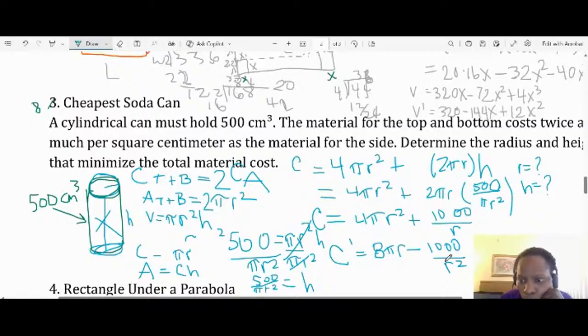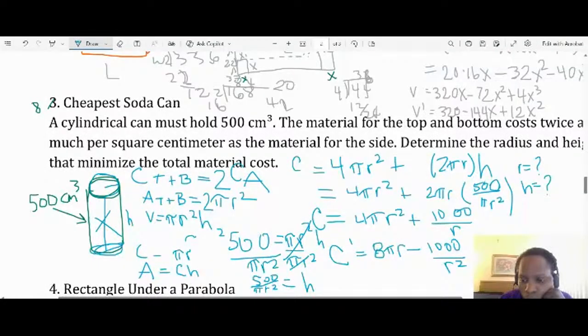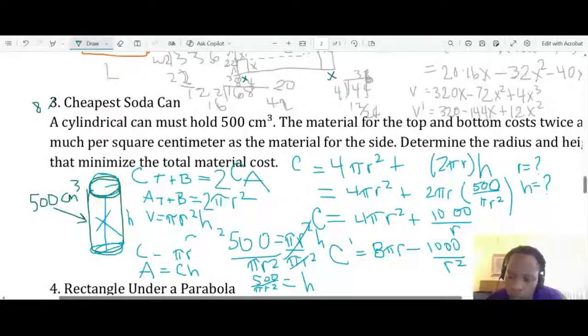When you bring down the exponent, that's what makes it minus, because it was going to be minus 1. Okay. That equal to 0.